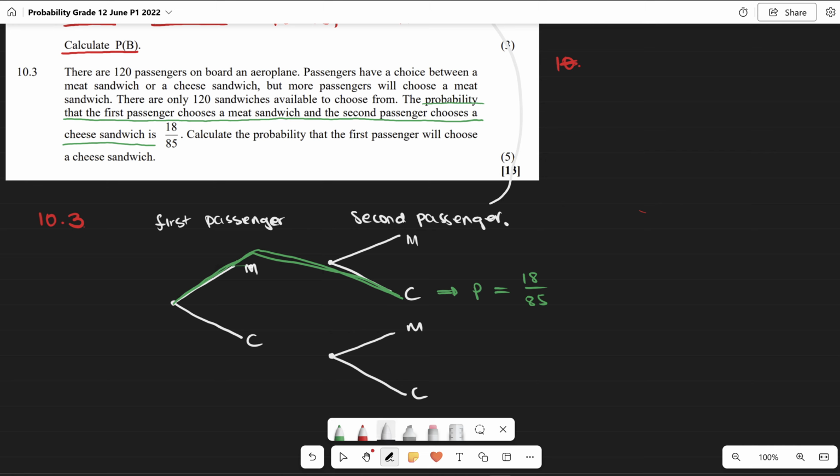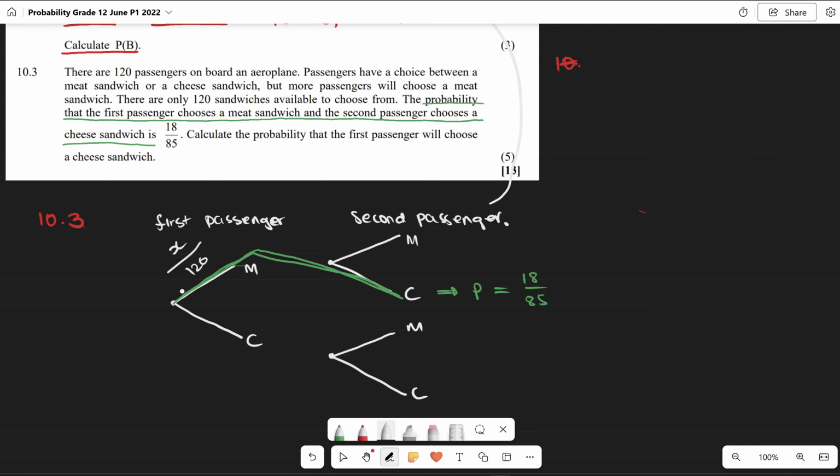We know that we have 120 passengers, so our total number of passengers is 120. Let's say we have x people choosing meat first.